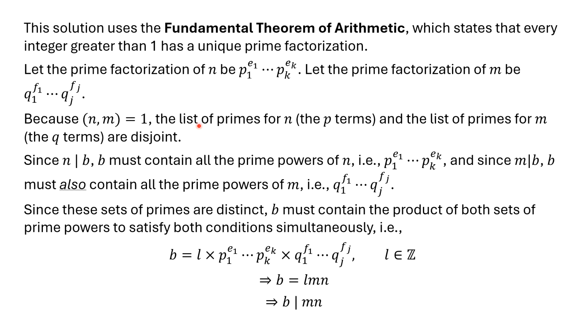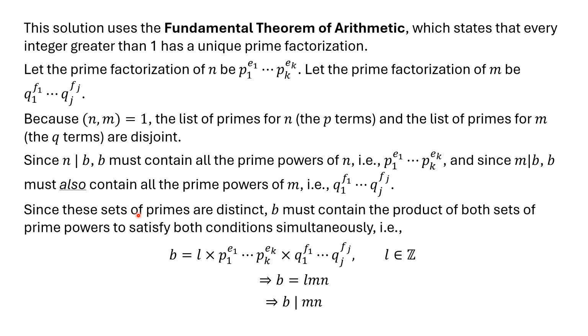If any of them were shared, then of course the GCD would be greater than 1. Since n divides b, b must contain all the prime powers shown here. And since m divides b, b must also contain all the prime powers of m.